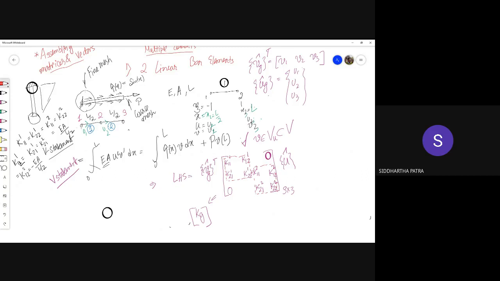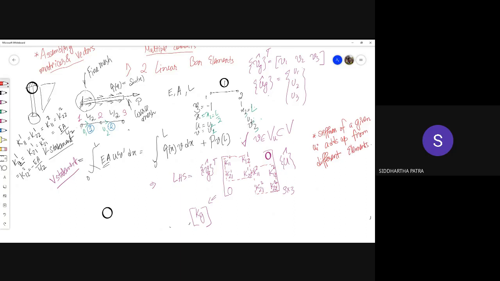Okay, what happens is the stiffness of a given node adds up from different elements.